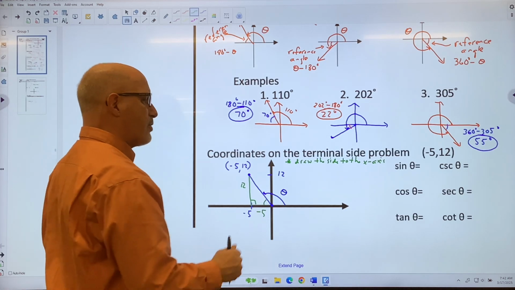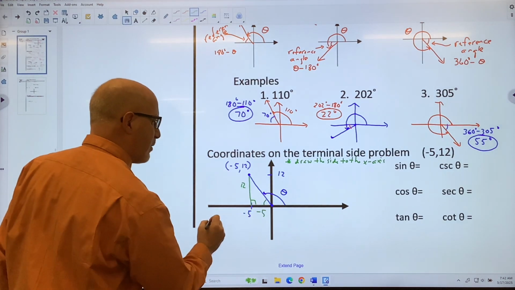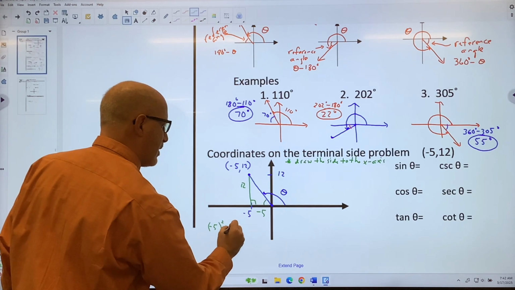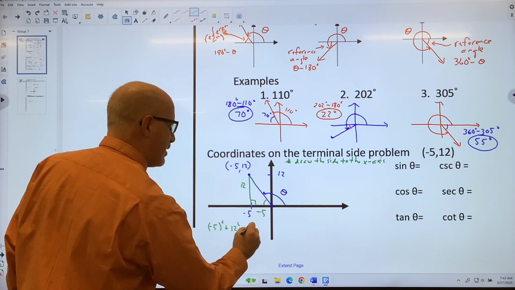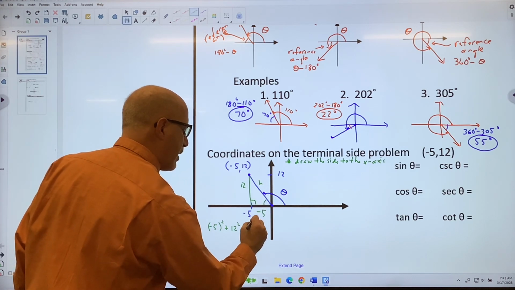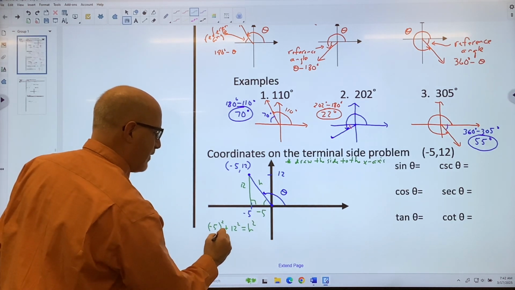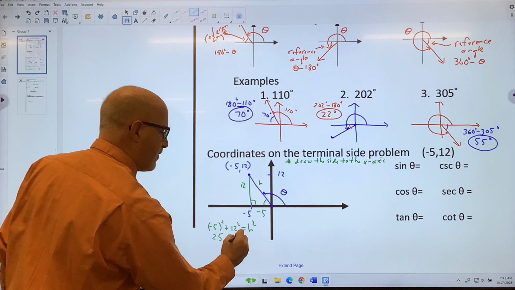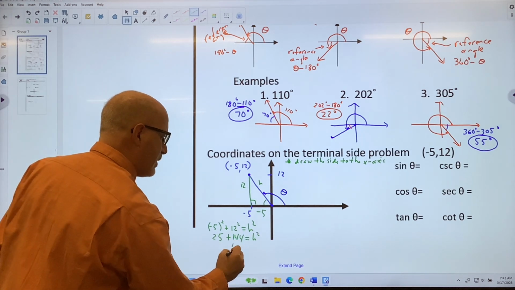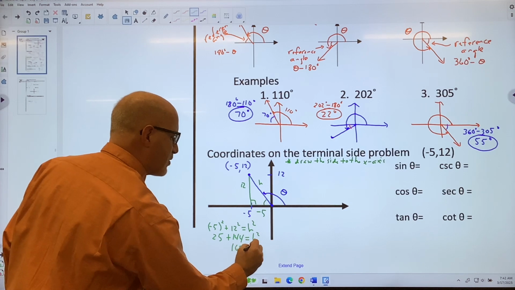Let's go ahead and figure out what our hypotenuse is here. If you do the Pythagorean theorem, you do -5 squared plus 12 squared is equal to, we'll call this h for hypotenuse, h squared. So that's 25 plus 144 is equal to h squared. Now we get 169 equals h squared.